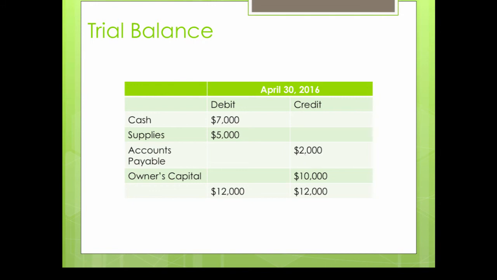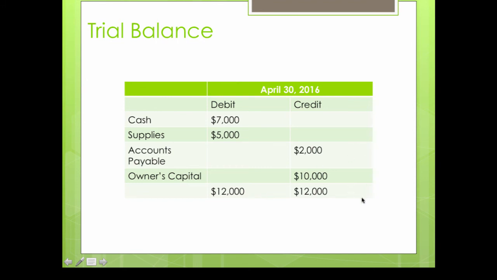Okay, so what you do is list each account with the balance on either the debit or the credit side, and then find the totals for each column. You will know that everything is done correctly if the debit column is equal to the credit column.